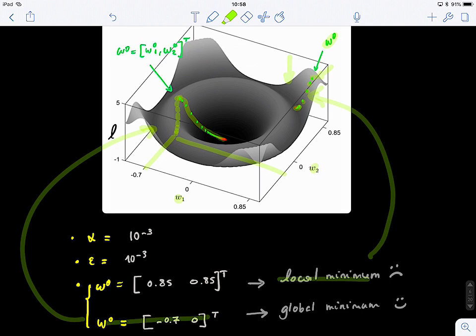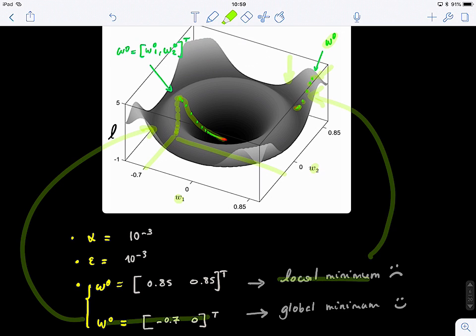If you're using parallel computing, because gradient descent will take some time, you can randomly select many different initial points, and then you will hopefully be at a global minimum if your loss is the lowest. So you will pick the initial guess that gave you the lowest cost function. There are many strategies, but this is one of the naive approaches: starting with different initial guesses and then running the algorithm.